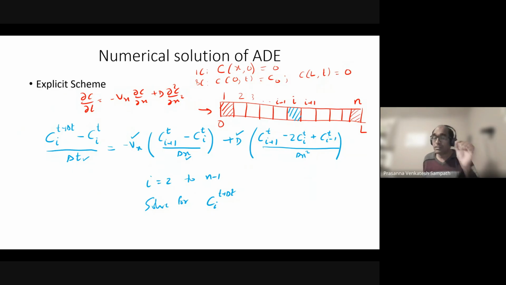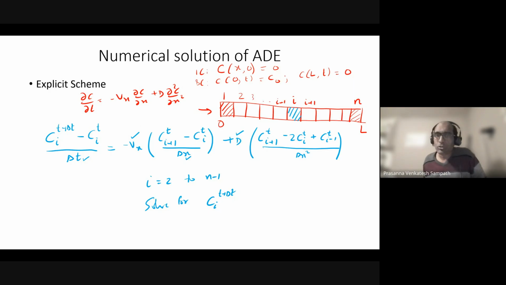The explicit scheme has an advantage in that it is simple to solve. You can solve it by hand pretty much. I'm exaggerating a little bit, but it's an algebraic equation. The computational cost of solving the explicit scheme is very low. When I say expensive, I mean the amount of computation required is relatively low.